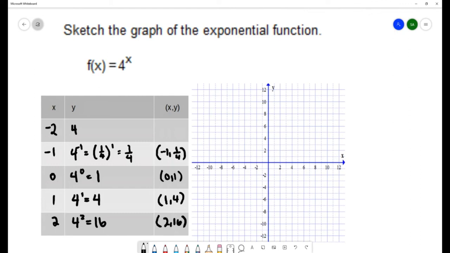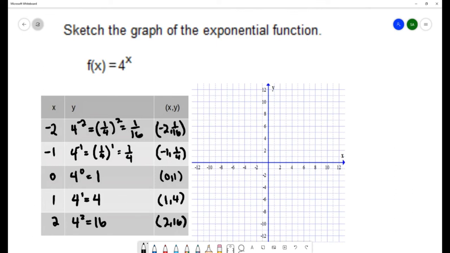Then we have 4 to the -2. I'm going to apply the negative by changing the base to the reciprocal, and then 1/4 squared is 1/16. So that gives the ordered pair -2 and 1/16. So this gives some ordered pairs.